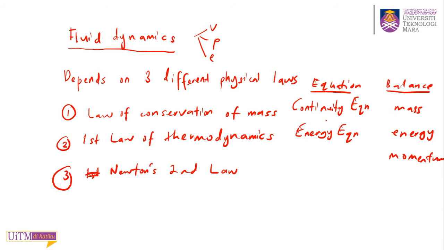And the last one, Newton's second law, is the momentum equation. So there will be three different equations for different laws, and these laws will balance different things. One will balance the mass, the second will balance the energy, and the third will balance the momentum. So what does it mean by balance?